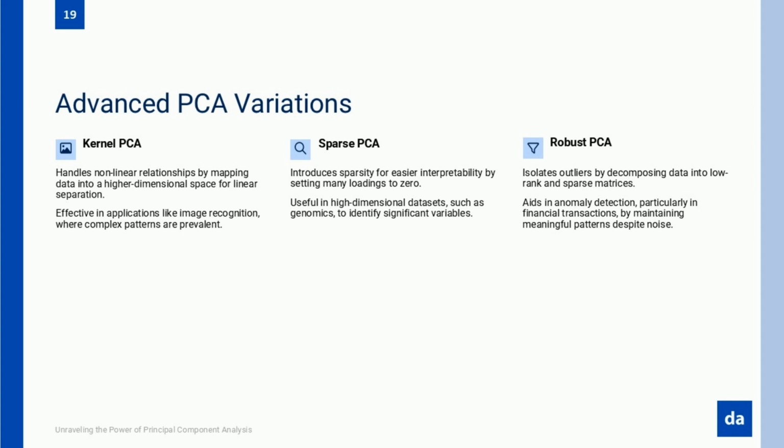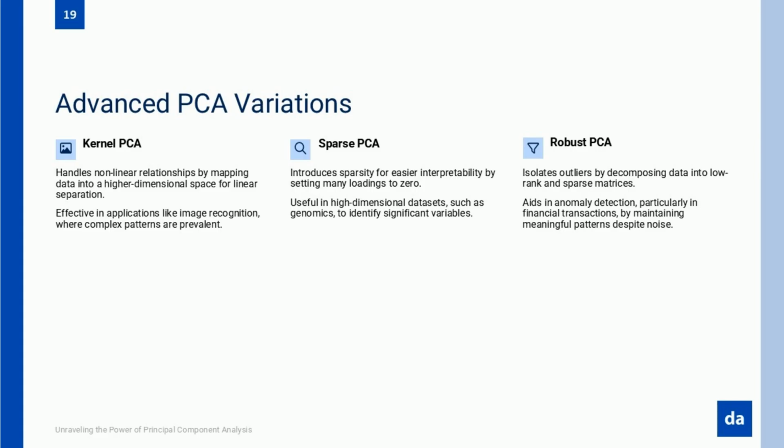When interpretability is your primary concern, sparse PCA offers an elegant solution. Unlike standard PCA, where principal components typically include contributions from all original variables, sparse PCA introduces sparsity, meaning many of the loadings are explicitly set to 0.